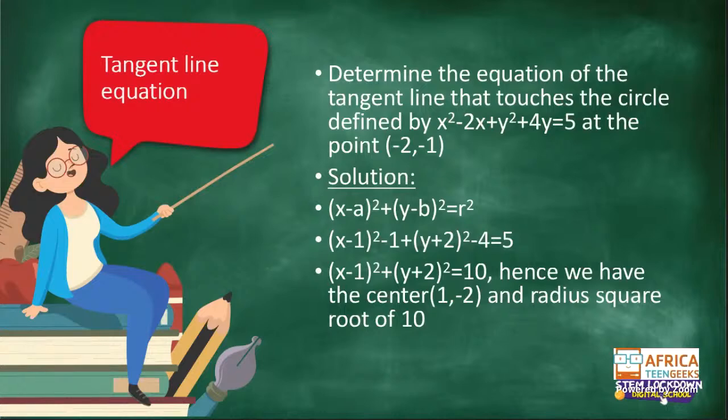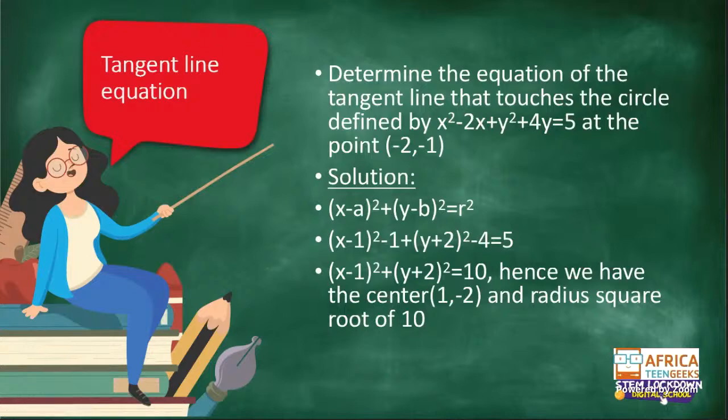Now, looking at our equation here, you're going to see that this equation is not in the standard form that is given. But you can transform this equation to look like this form.